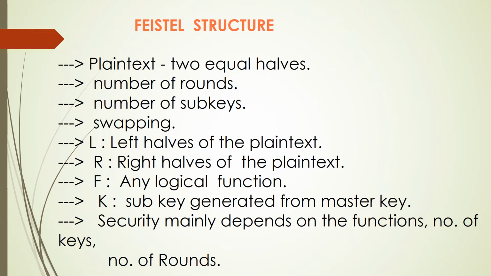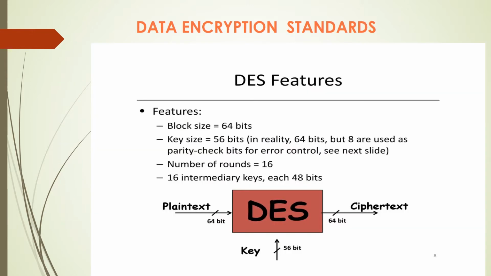It may vary depending on the algorithm used. Here subkeys are generated from the master key. The important point is the security mainly depends on the functions, number of keys and number of rounds.